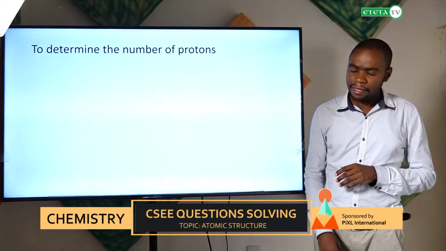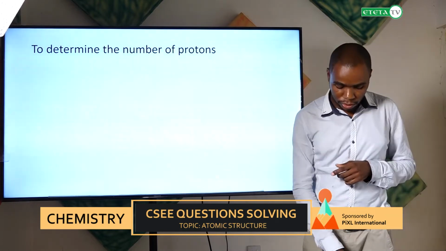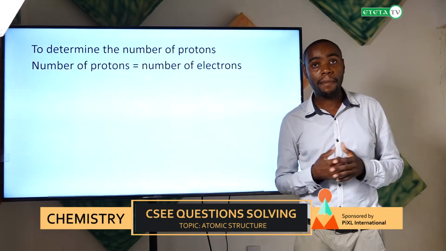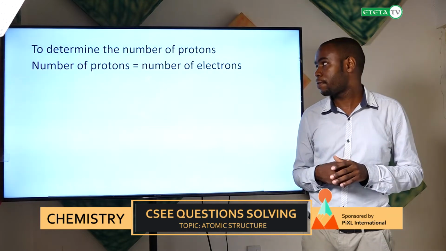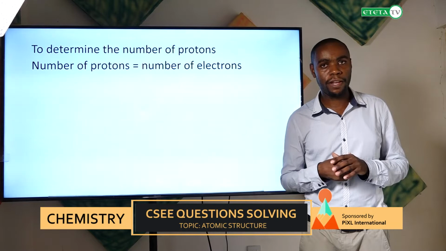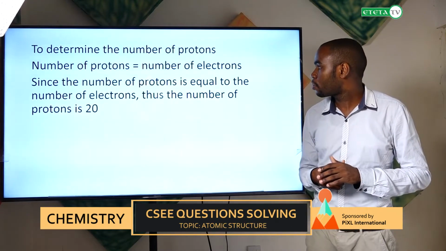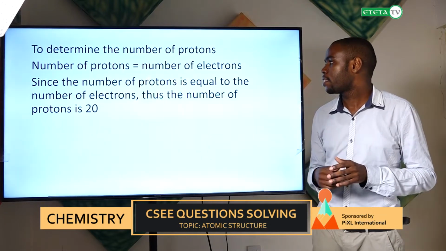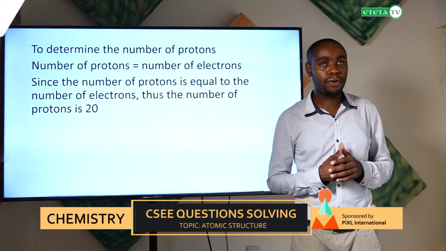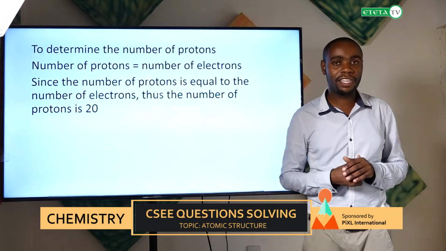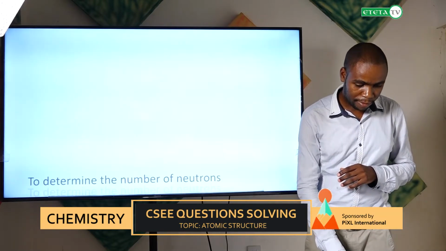To determine the number of protons, the number of protons always is equal to the number of electrons, and you have already been given the number of electrons, which is 20. Since the number of protons is equal to the number of electrons, the number of protons is 20.